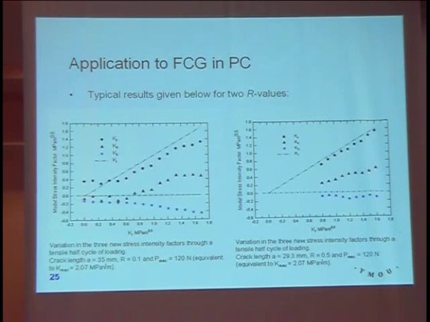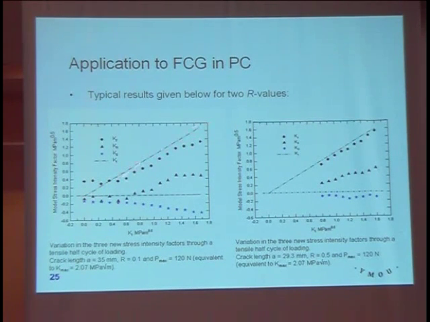And you can then have a look using real fatigue crack growth in polycarbonate. This is the sort of data you get out. This is the two stress ratios. This is a crack length of 35 millimeters, a stress ratio of 0.1, Pmax 120 newtons, equivalent to a Kmax of 2.07. And you'll see that the Kf, which remember is equivalent to K1, does this and follows that.